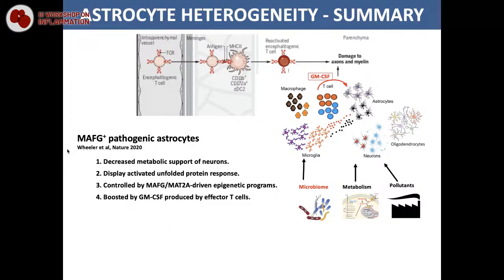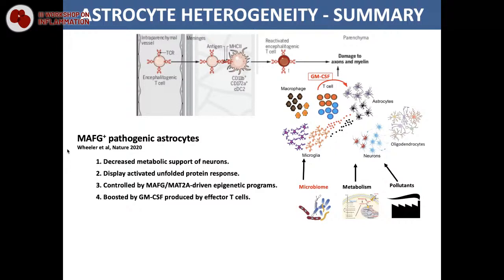And that has important implications because this astrocyte subset has a decreased ability to support the metabolic needs of neurons. Basically, it's less efficient in providing lactate to neurons in order to support their metabolism.